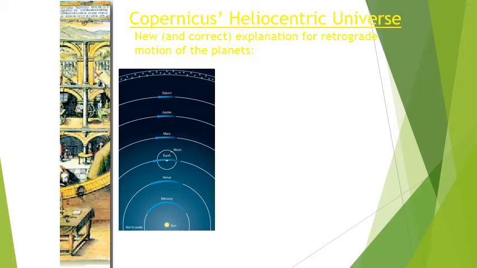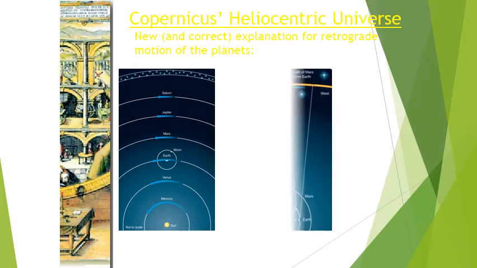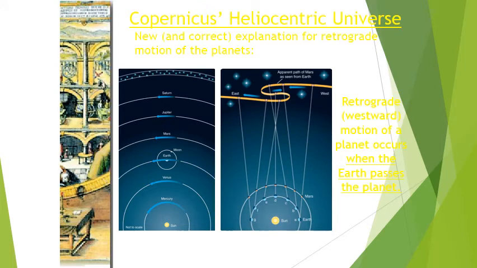Now, it wasn't until the early 16th century that Copernicus finally came along and had a different hypothesis for why the planets appeared to move the way they did. And it was a very radical model, because he said, gosh, let's not have the Earth be the center of the universe. Let's let the sun be the center of the universe.